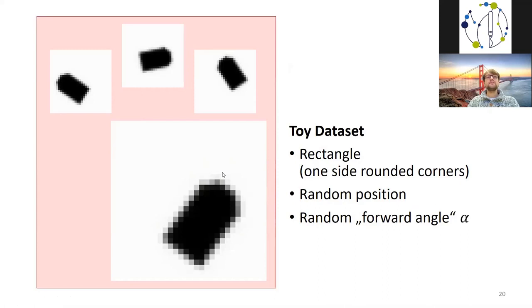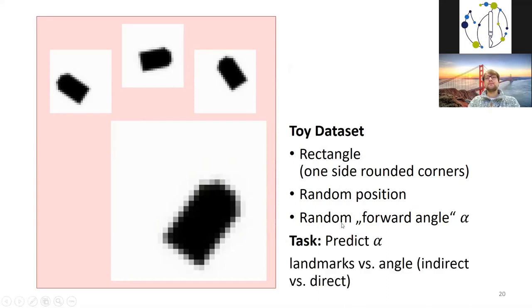Then we define the task to predict this forward angle, which is the orientation of this small box.